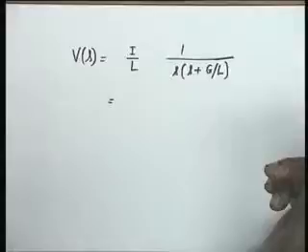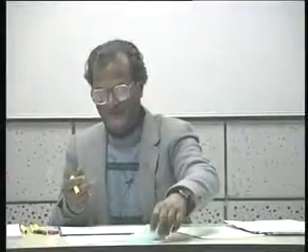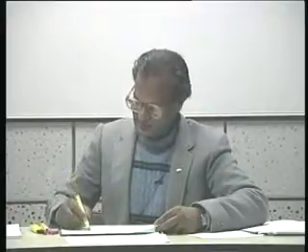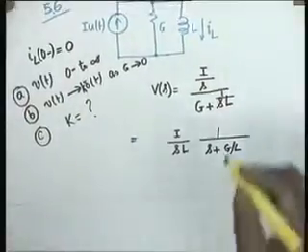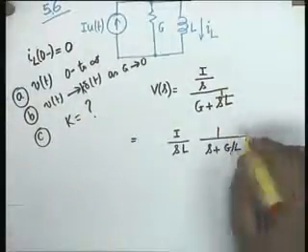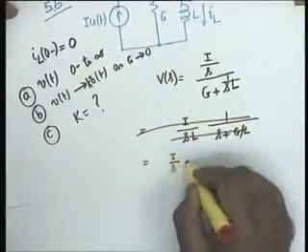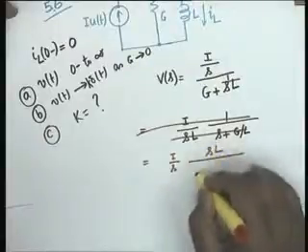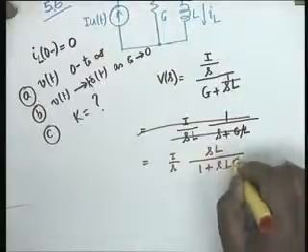Yes, sir, we can't write G and sL, it should be 1 upon sL. Why didn't you tell me earlier? Therefore, let me simplify this. This would be I by s, sL over 1 plus sLG.